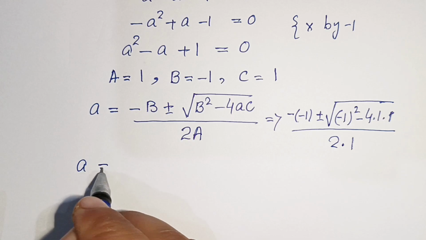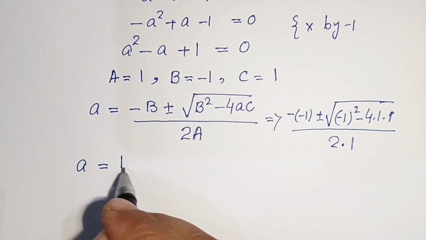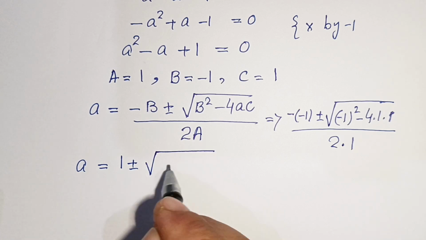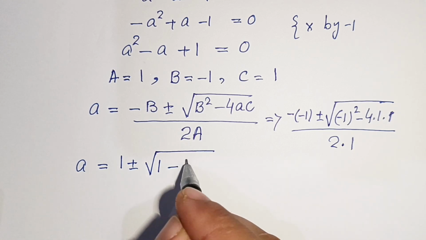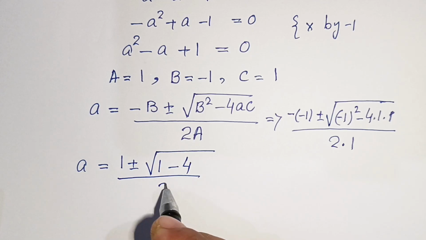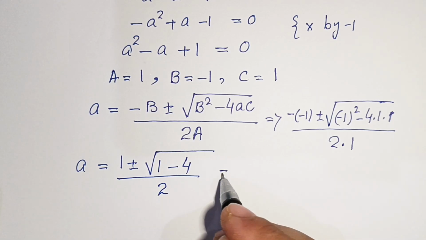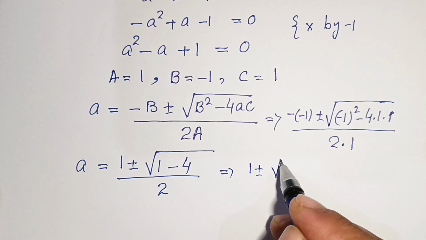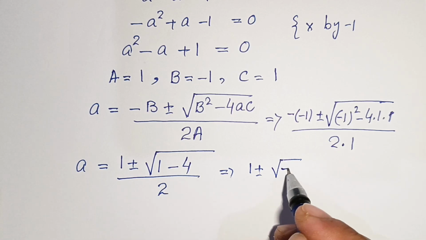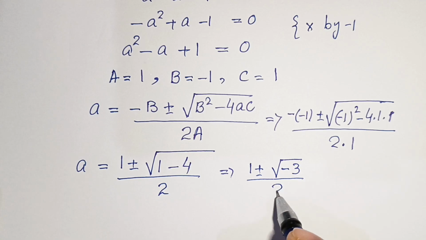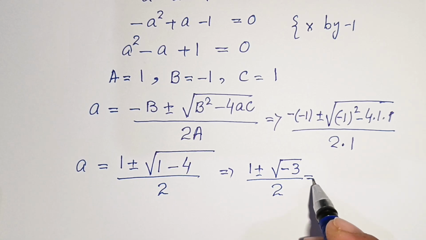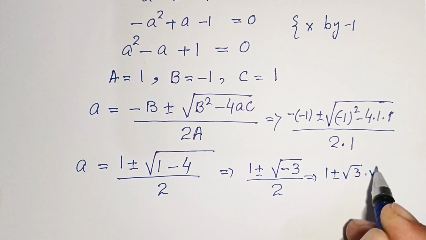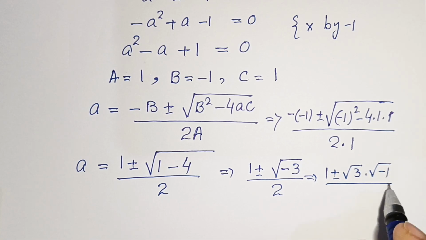Here we have a is equal to minus times minus is plus 1, plus minus square root of 1 minus 4, all over 2. So we have 1 plus minus square root of 1 minus 4, which is minus 3, all over 2. We can also write it as 1 plus minus square root of 3 times square root of minus 1, all over 2.